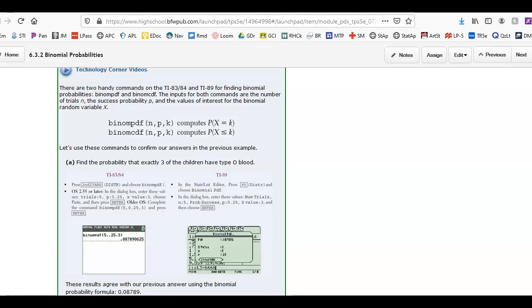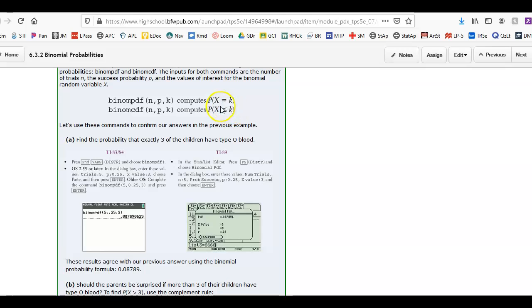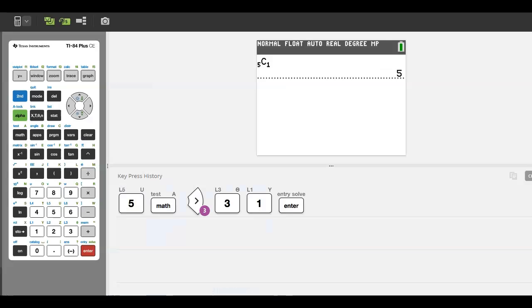Now, when we get into this idea of having multiple successes that we want to look at, at least or at most, we're going to use binomial CDF. And that's going to compute the probability that the number of successes is from 0 all the way up until that number. But a lot of your calculators are going to offer you a shortcut.